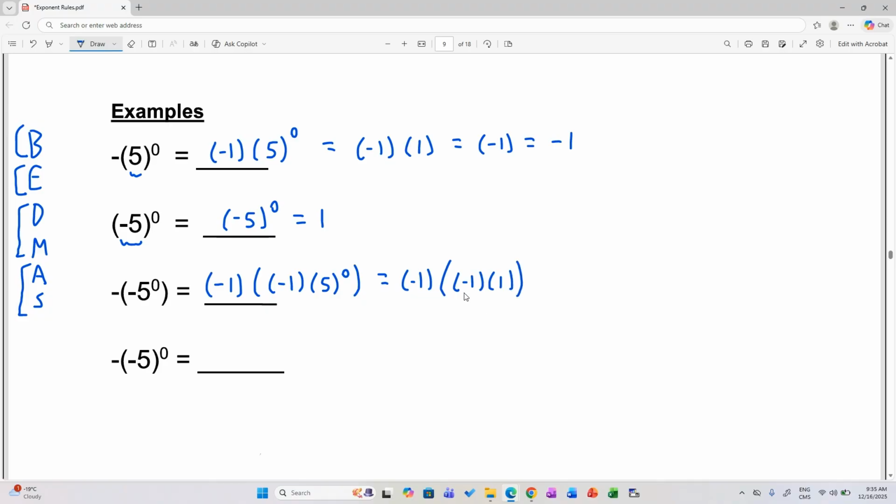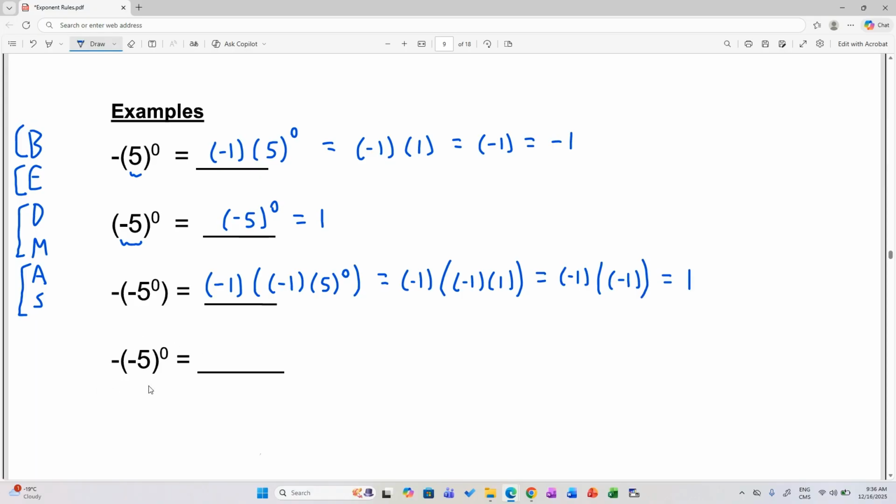Great. So now I solve for the rest of my operation inside the brackets. Negative 1 times 1 is simply going to be negative 1. So I get negative 1 left inside of those brackets. Now I have negative 1 times negative 1. Two negatives multiplied together gets a positive. So my final answer should become a positive number.